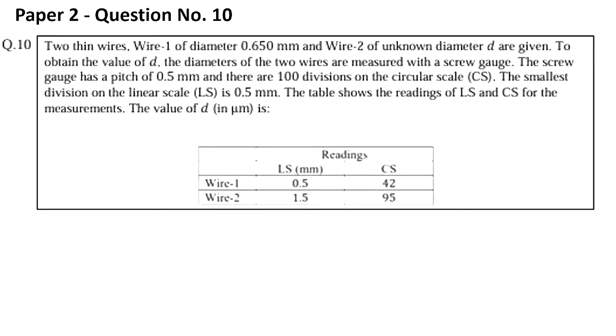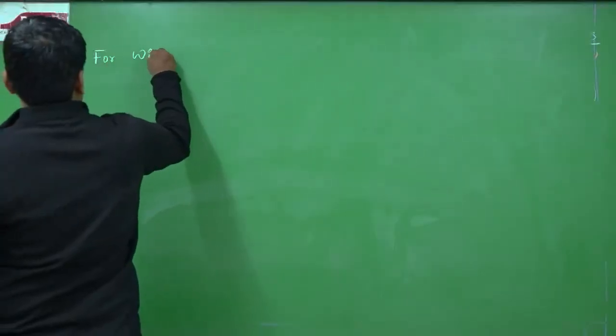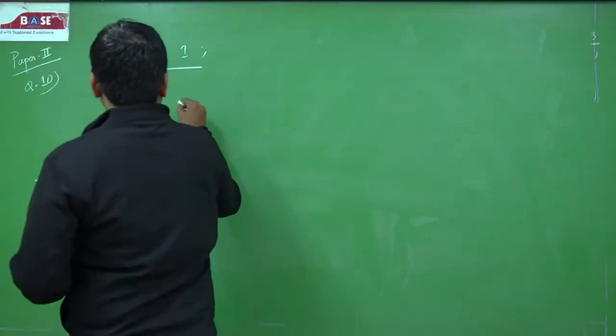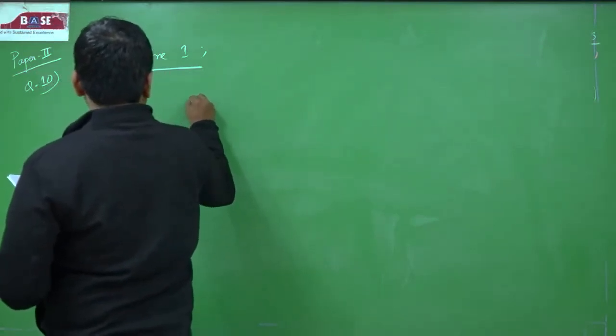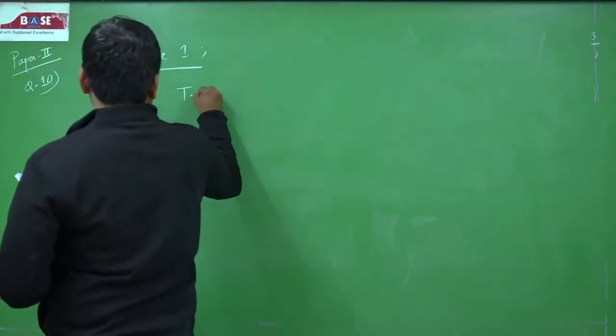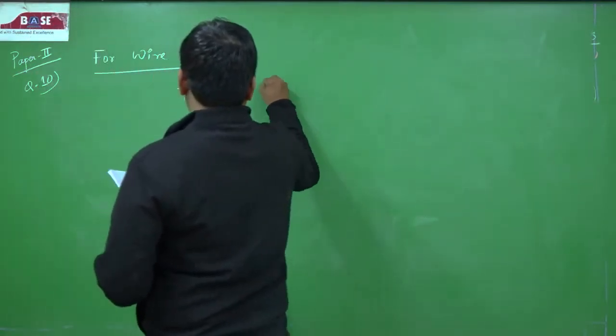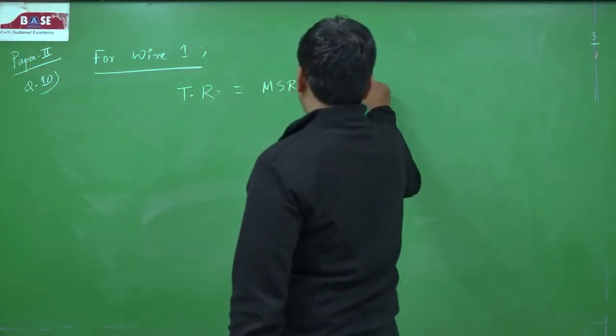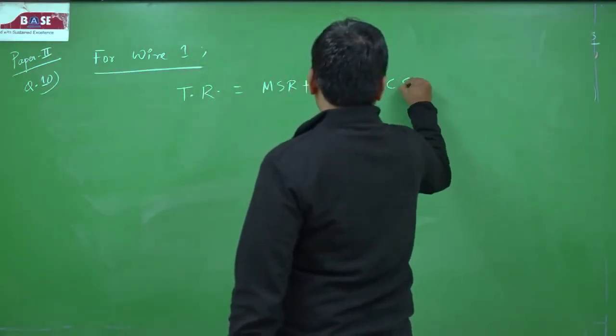For wire 1, the main scale reading is given as 0.5. Total reading equals main scale reading plus least count times circular scale reading.